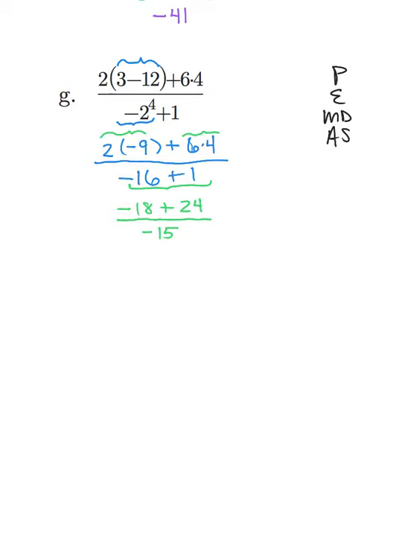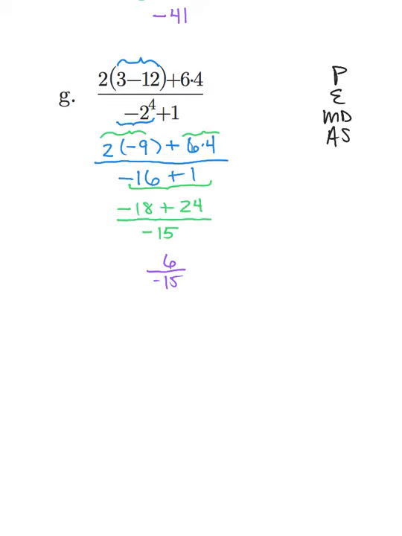All right, let's go back to the numerator now. If we go back to the numerator, we get -18 plus 24. We have different signs, so we're going to subtract, keep the sign of the larger number, which is the 24 on this one, and then our denominator is still -15. Now we want to go ahead and bring the problem together.